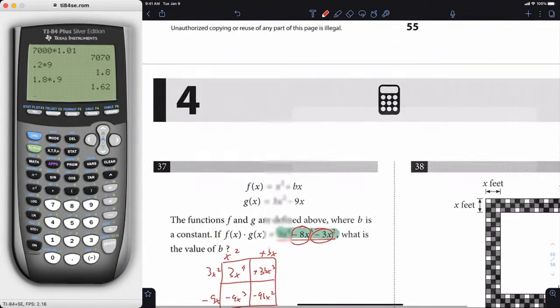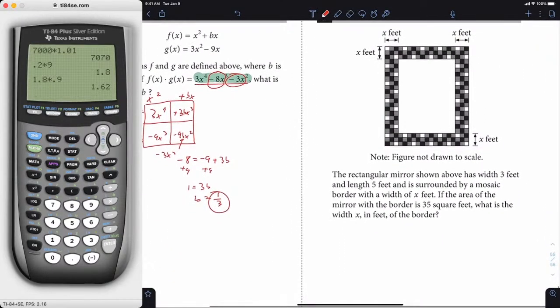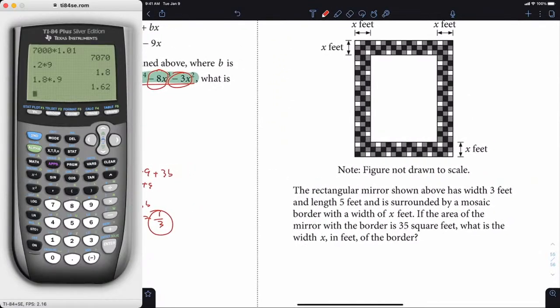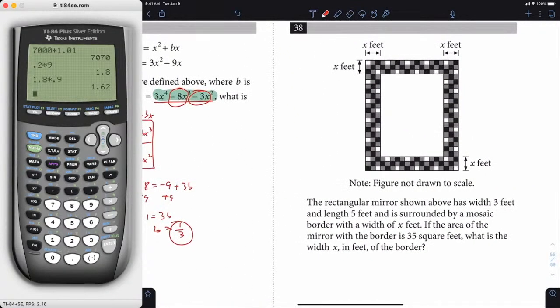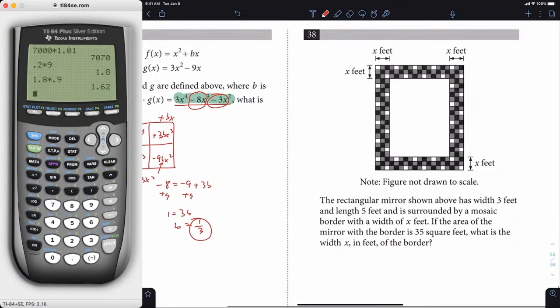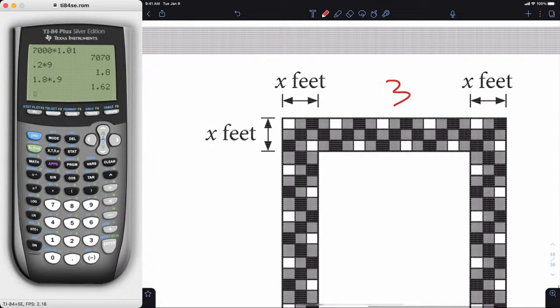Awesome. Last question. The rectangular mirror shown above has a width of 3 feet and length of 5 feet and is surrounded by a mosaic. Not sure if they're referring to the outside or the inside.